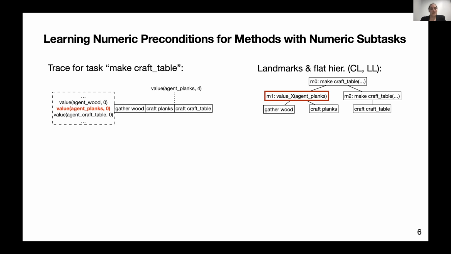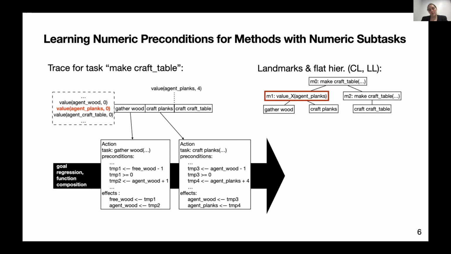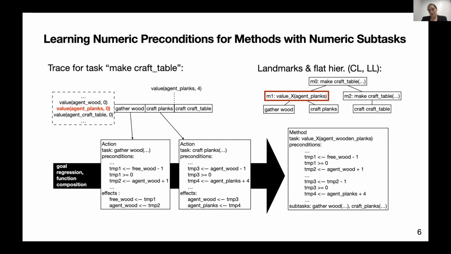So if we have this make craft table trace, and we already know that the landmark is the fact that the value agent Planck's is 4, and we're trying to learn a method M1 from the previous slide. Typically, we would just get the actions that precede the landmark and unify them so that their state variables are named similarly, and then we would use a combination of goal regression and function composition to essentially concatenate their preconditions together.